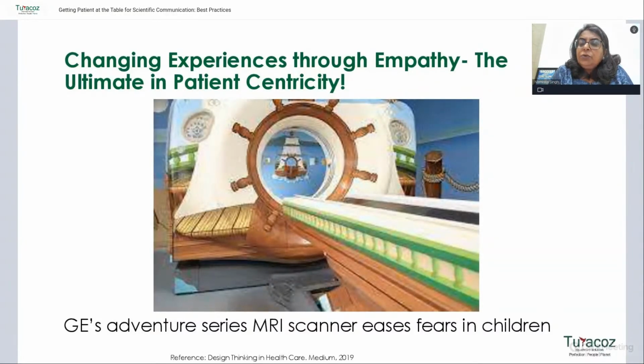So what did they do? They worked with a design thinking company. The company's name was IDEO, and they worked on a kind of adventure series. Once the child comes to the MRI center, the technician who is going to do the MRI involves the child in a game like an adventure series, where the child is the star.